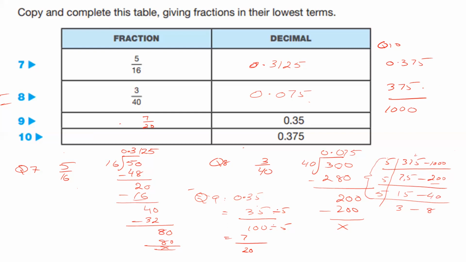So it means we divide both by 125. We get here 3 upon 8. So our answer becomes 3 upon 8. Okay. So the next question, we move on.